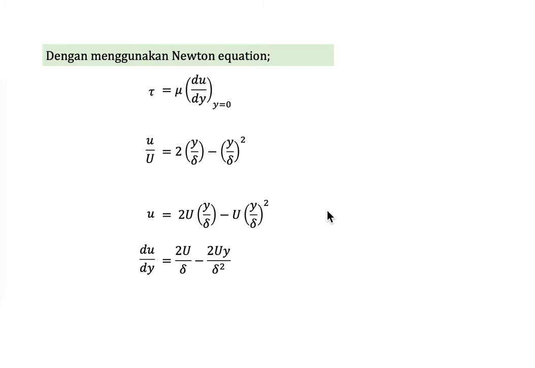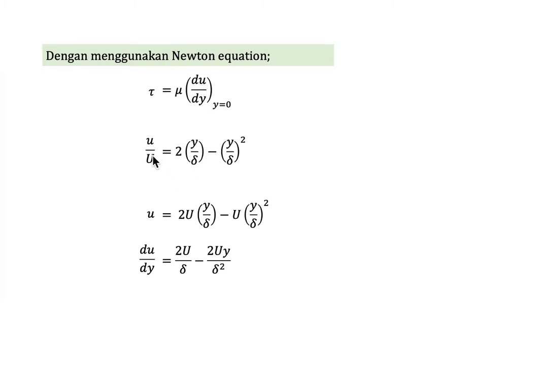Okay, the next step is we need to do a simultaneous solution. So we use the other expression for shear stress, which comes from Newton's law of viscosity, mu du dy at y equals 0. We need to find first the value of du dy.